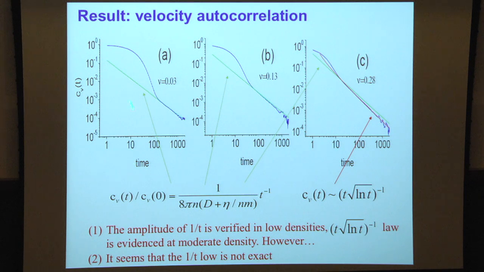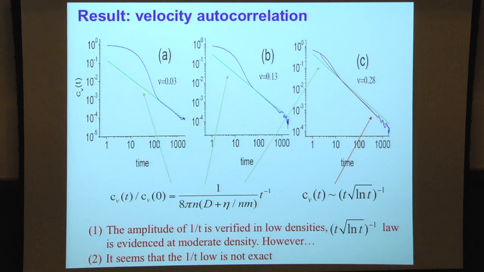With the increase of the density, the situation is still good. But in the moderate density case, you see obvious deviations from the t^(-1) law take place. And indeed, at this time, the tail can be described by this decay law in this way.